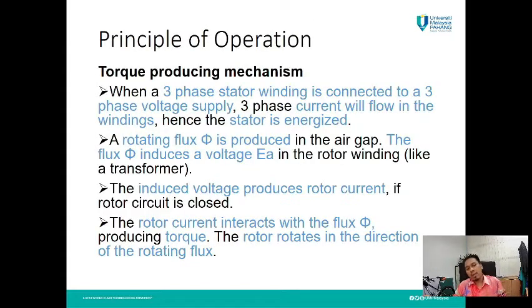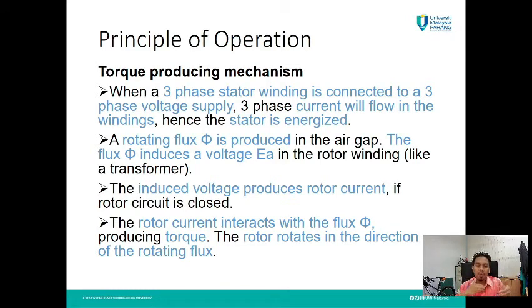In terms of how the rotor can rotate in the stator: previously we talked about the rotating magnetic field in the stator. The stator is not moving, the stator is static. So how can the rotor rotate?